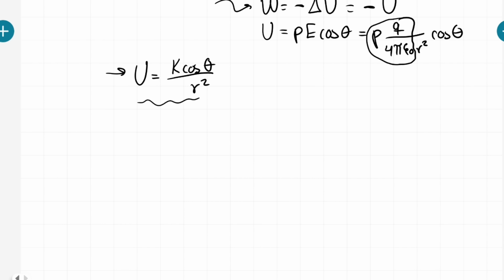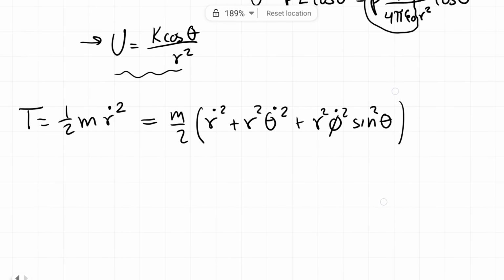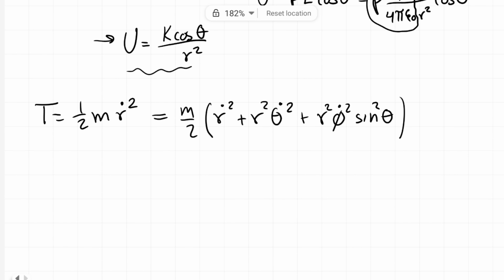So we showed that the kinetic energy, that is 1/2 m r dot squared, in spherical coordinates can be written as the next equation. Okay, and this is the kinetic energy that corresponds to spherical coordinates.